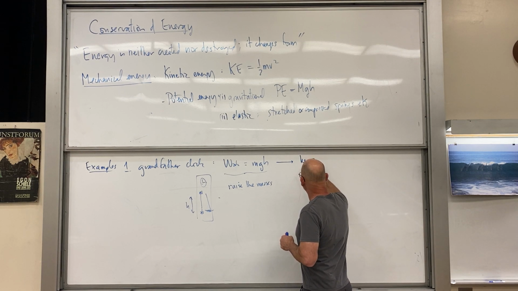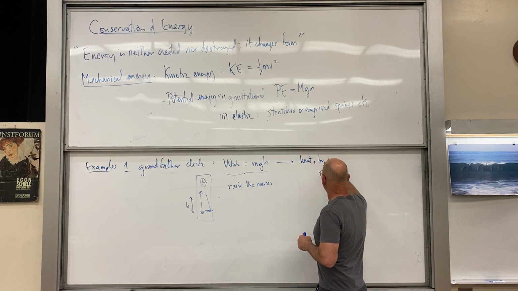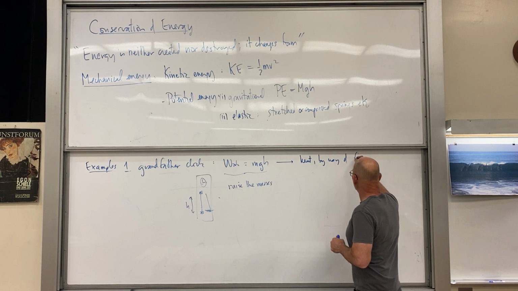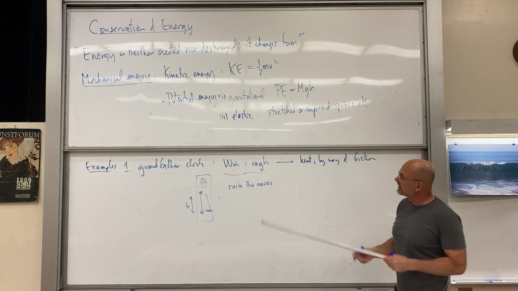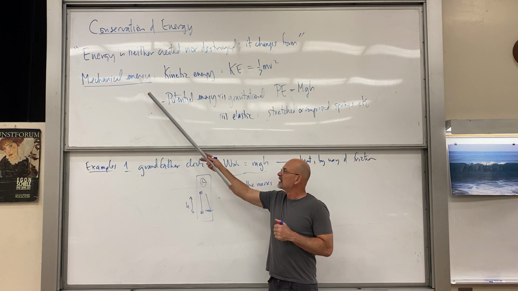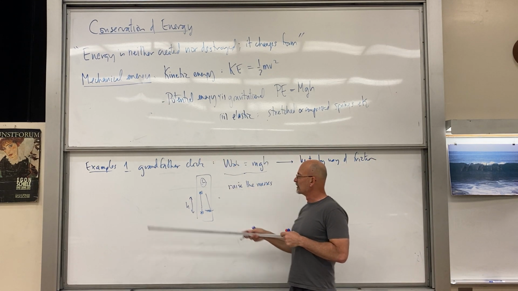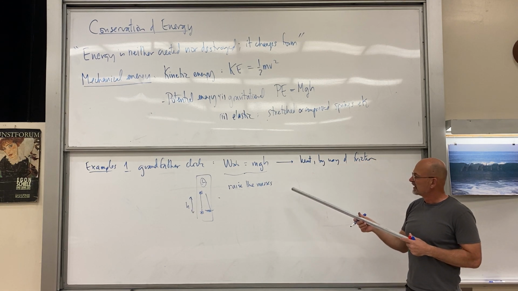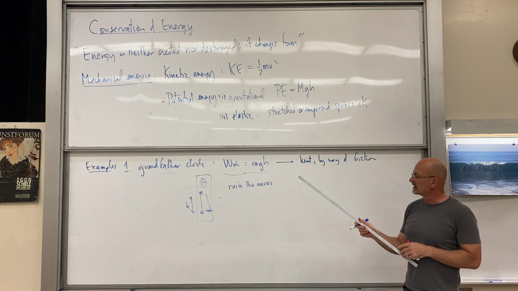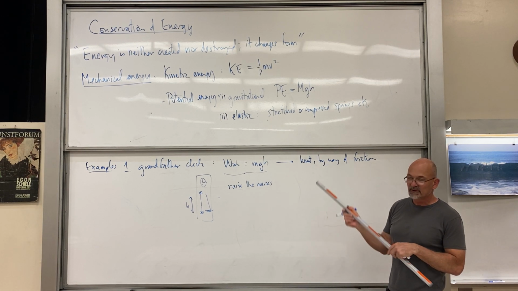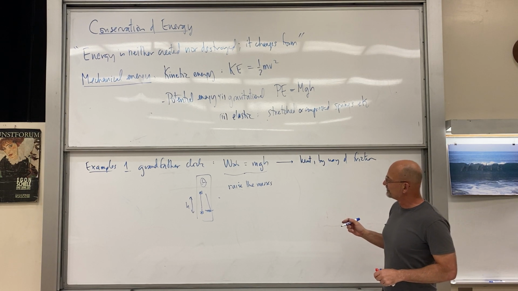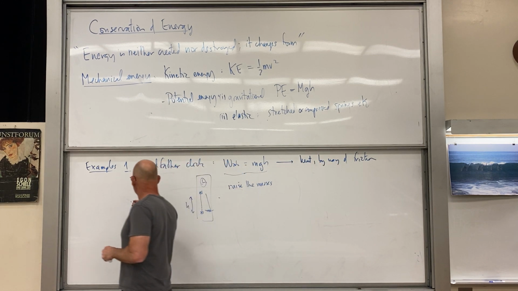So heat, by way of friction. So this is an example that isn't yet the pure mechanical one we're after, but we have to talk about it because the energy was not lost, it was not destroyed, it turned into heat, and that's a later subject in the semester.